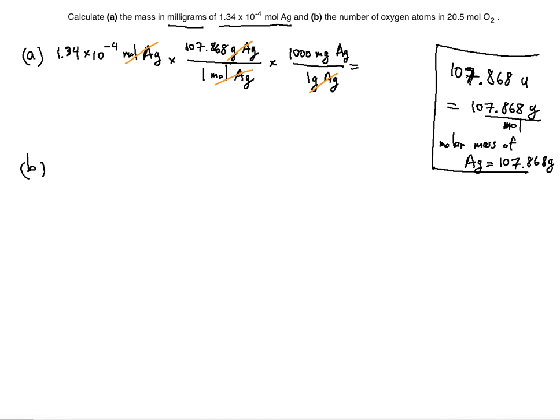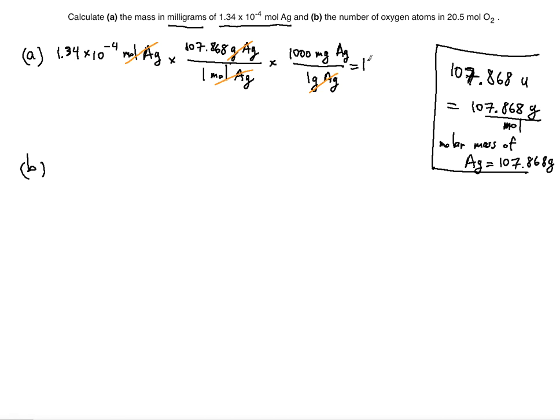So 1.34 times 10 to the negative 4 multiplied by 107.868 times 1000. Okay, and you have to round to 3 significant figures here.